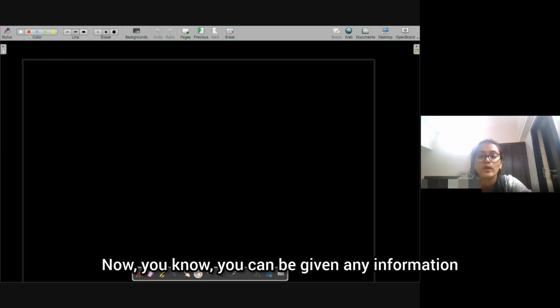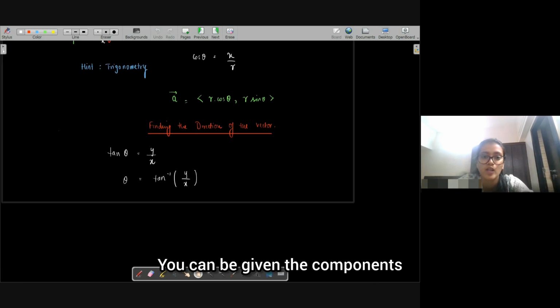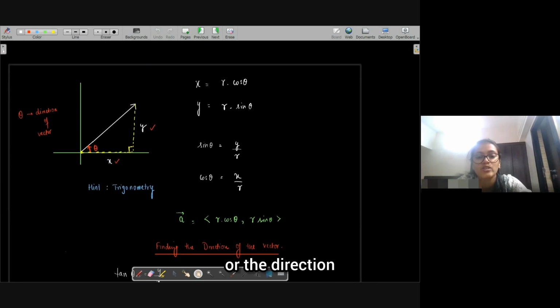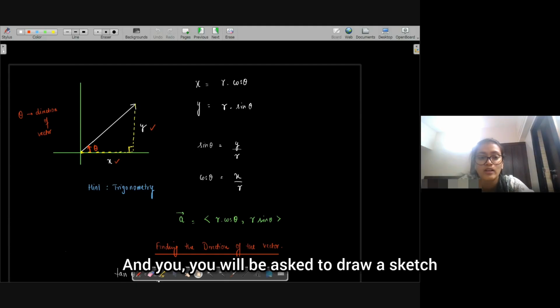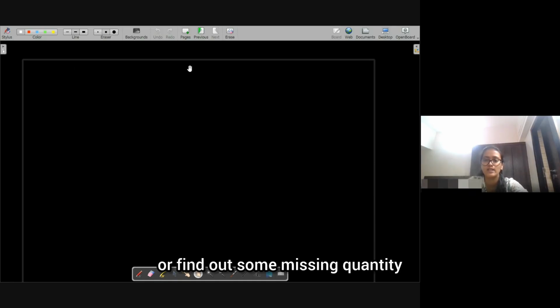Now, you can be given any information. You can be given the components or the direction or the magnitude or a combination of these. And you will be asked to draw a sketch or find out some missing quantity.